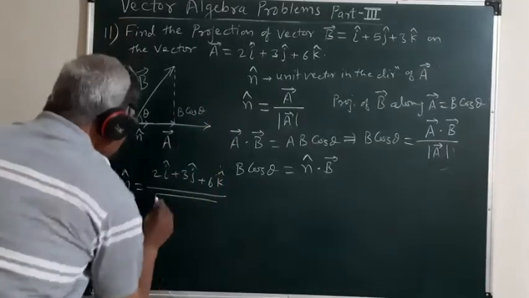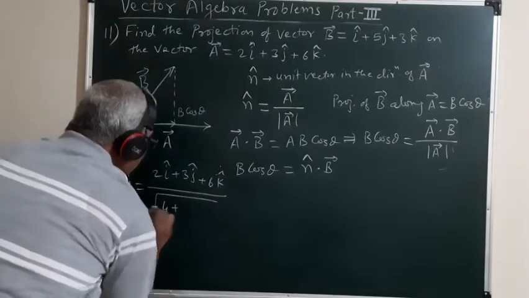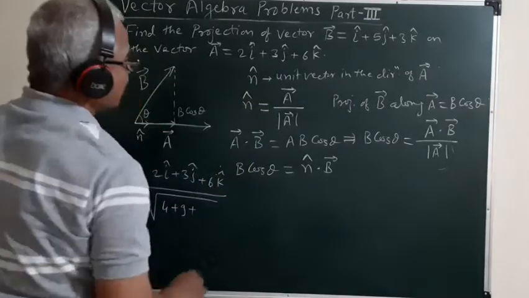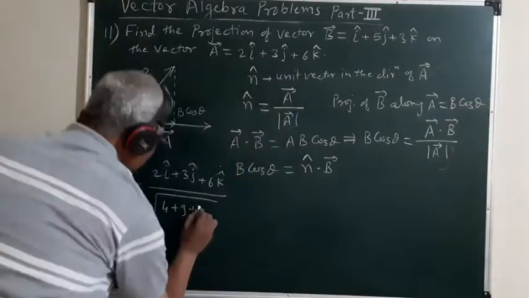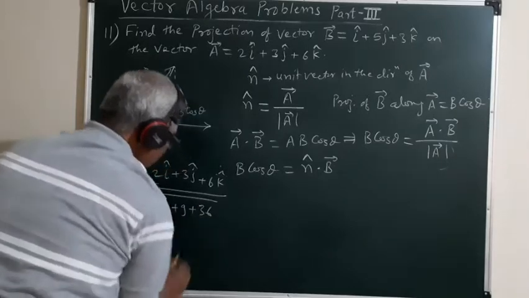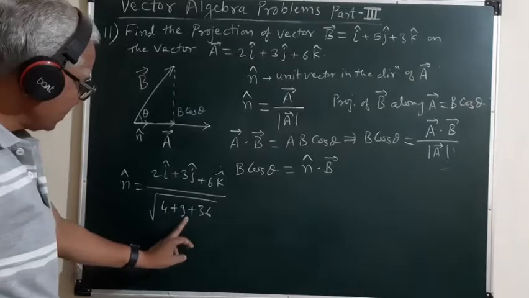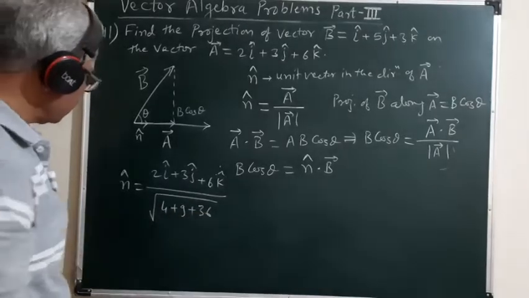So ax is 2, its square is 4, ay is 3, its square is 9, plus az is 6, its square is 36. So this is 36 plus 4 is 40 plus 9 is 49, root 49 is 7.